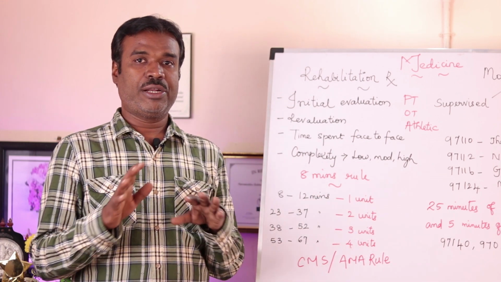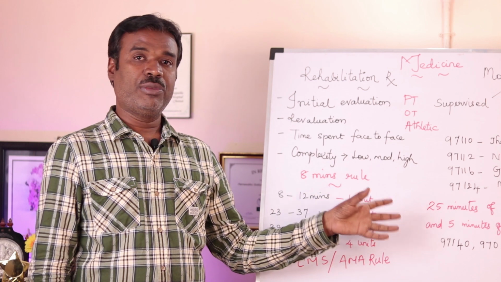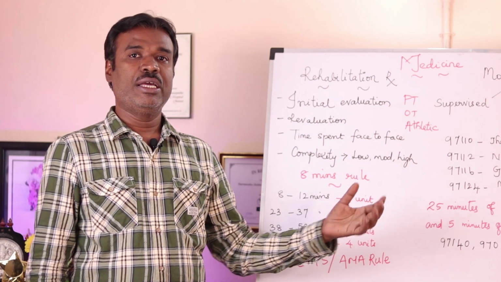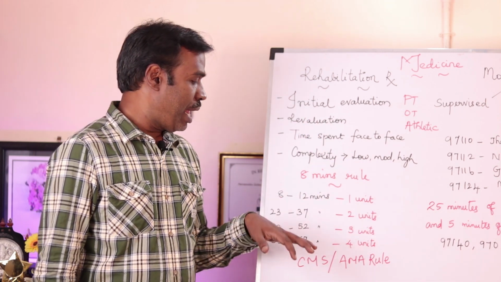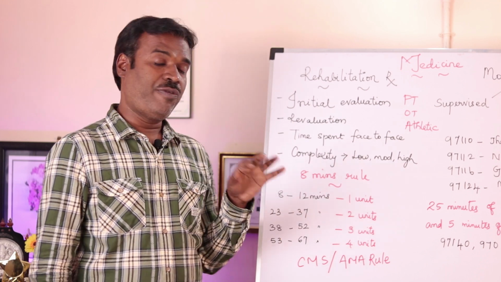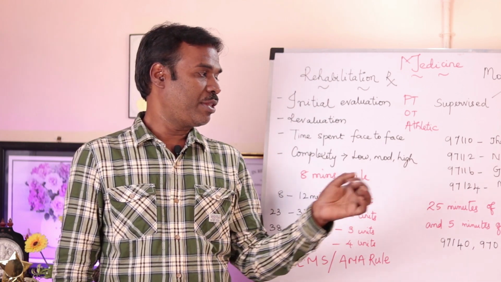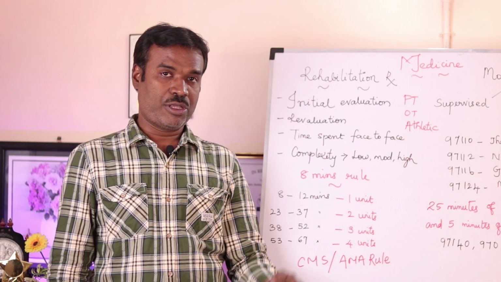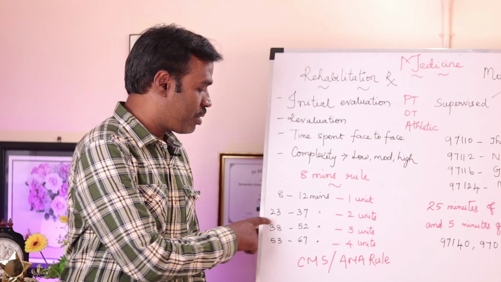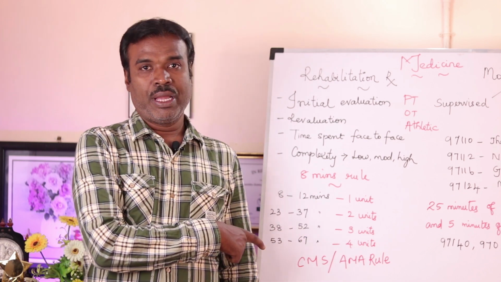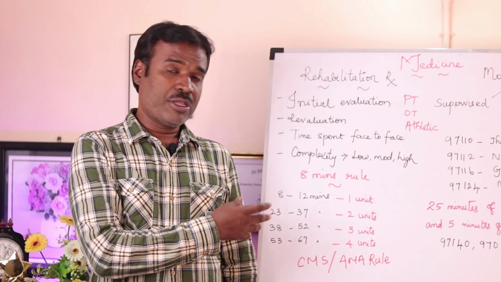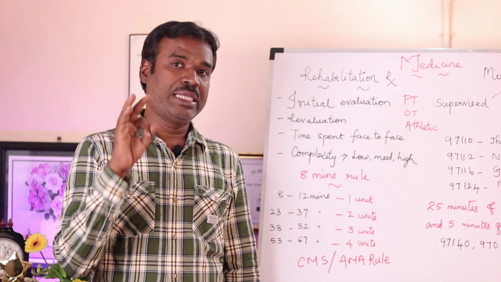But still, the correct coding is that you sum the total timed activity and see the number of units. Say for example, 40 minutes of MT and ultrasound are spent. 40 falls in the 38 to 52 minute range, and for that you can report 3 units.